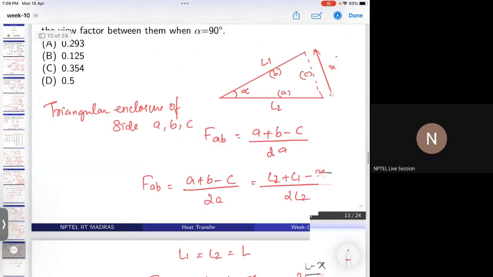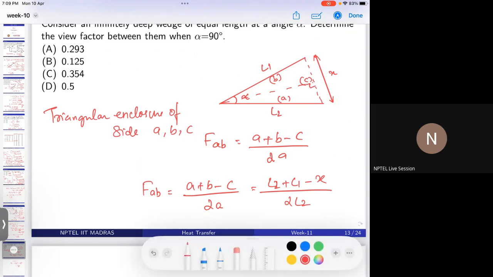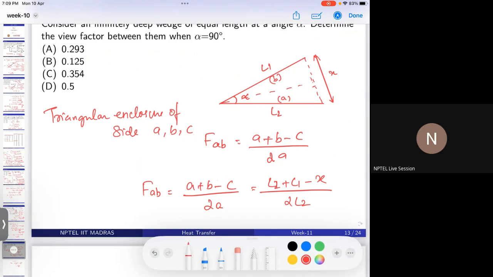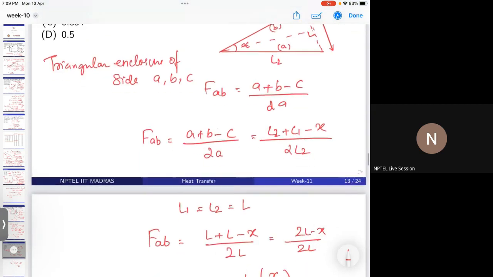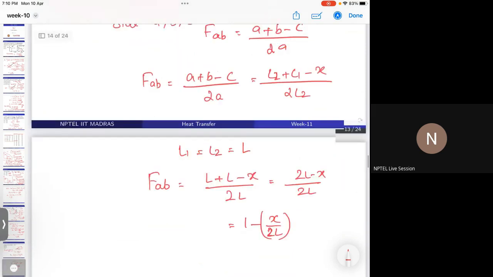So what is this? If this is a right angle triangle, what is sine alpha by 2?